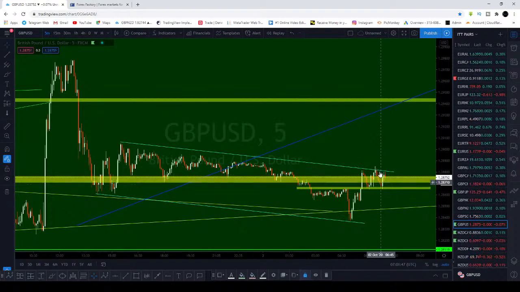I need a breakout, because we just got into the London session. After breaking out to the upside, we can get in for the buy, right? Or wait for a close. Once it closes above my trend line, it will continue going up to the upside right there.